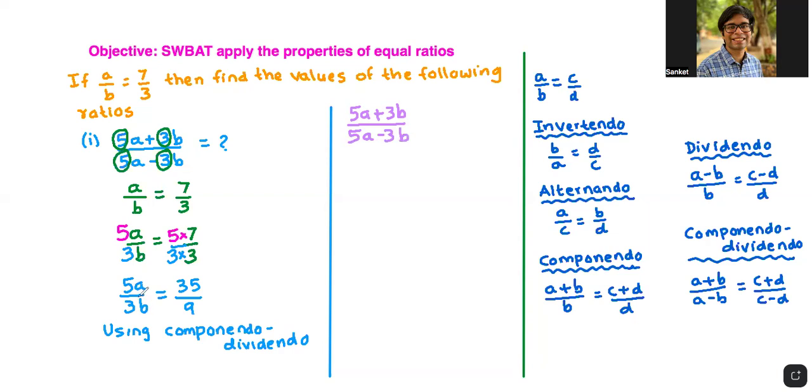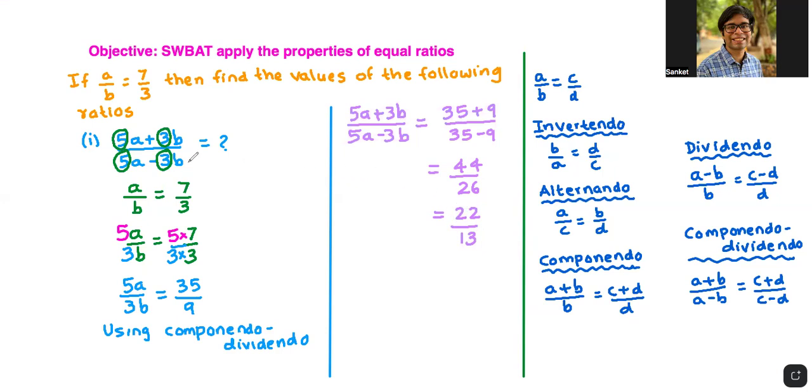Numerator plus denominator upon numerator minus denominator. So if I apply componendo dividendo on the left side, I need to apply it on the right side as well. So 35 plus 9 upon 35 minus 9, which is equal to 44 upon 26. I can divide numerator and denominator by 2, and I can reduce this ratio to 22 upon 13. So this is my answer.